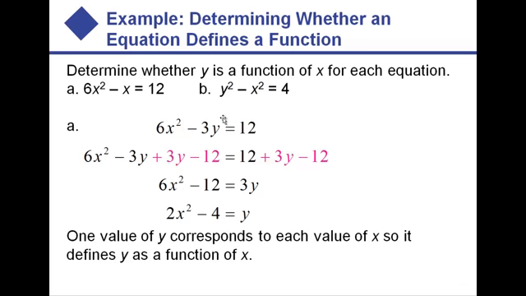How about looking at some equations to figure out if they are functions or not? So in the first example, we basically move some stuff around because we're trying to get it into the form of x equals some stuff or y equals some stuff. So that's why we added the 3y and subtracted the 12 to both sides.